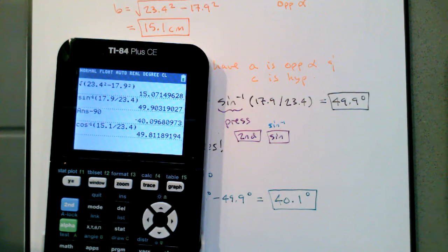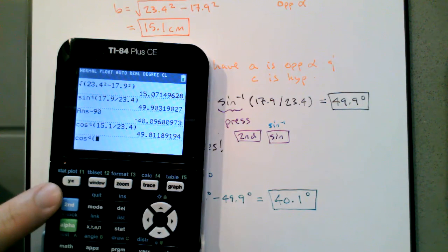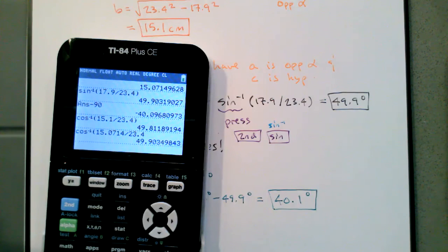Notice that if I use more digits in the 15.1, if I set up a cosine inverse of 15.0714 divided by 23.4, then that will give us the 49.9 that we're looking for. But we can avoid that entirely by just using the given information if we can.